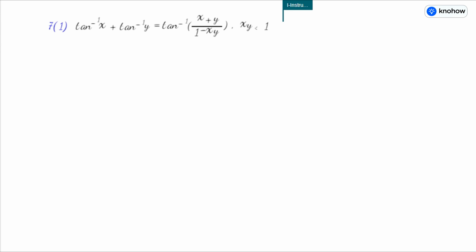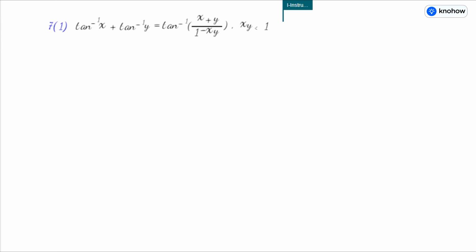Do you observe on the right hand side the expression x plus y over 1 minus xy? Do you see a trigonometric pattern here? Do you know any such trigonometric formula where the pattern is like this, x plus y over 1 minus xy? Yes, it is like tan A plus tan B over 1 minus tan A tan B. This is the formula of tan A plus B. So remember, we'll apply that formula here.